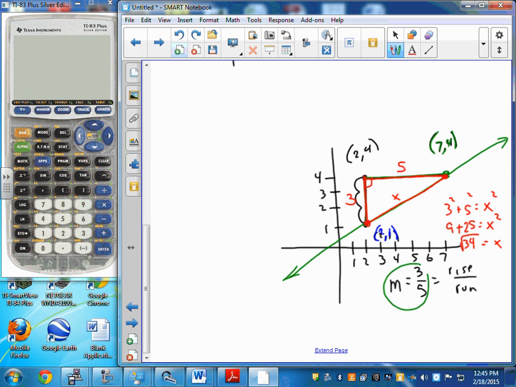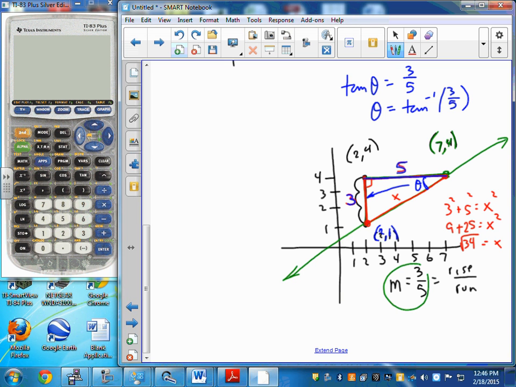Suppose I wanted to know how large this angle was. So what's that angle? Well, let's see what we know. We know the opposite side is 3, and we know the adjacent side is 5. So that harkens to tangent. We know the tangent of the angle is 3/5. So the angle would be the tan inverse of 3/5.